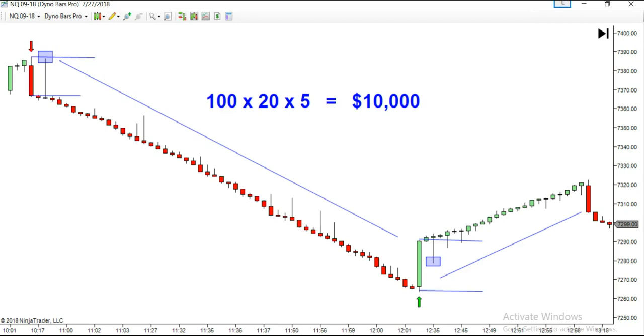You still have to have proper discipline, you still have to have the right trading hours, and you still have to approach this like a business, right? But if you can do all those things and you can do them successfully, I promise you're going to make a boatload of money in the futures markets.